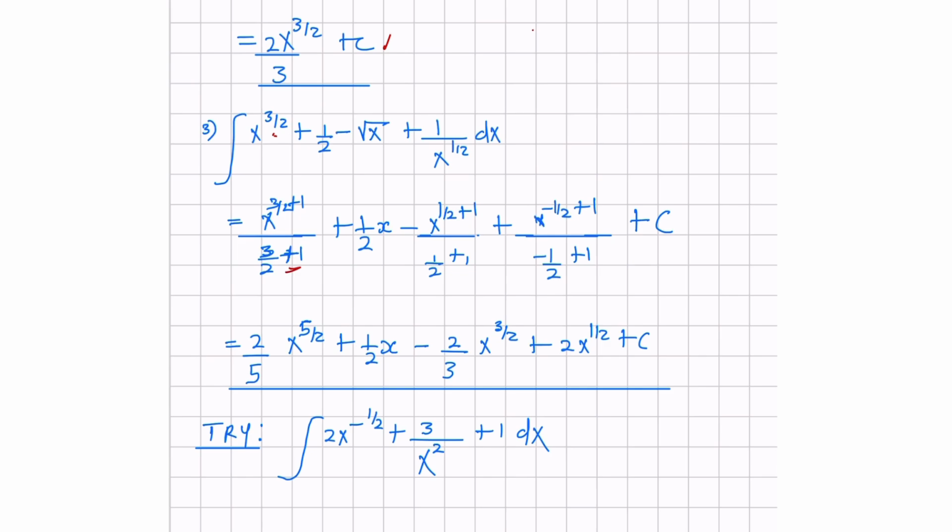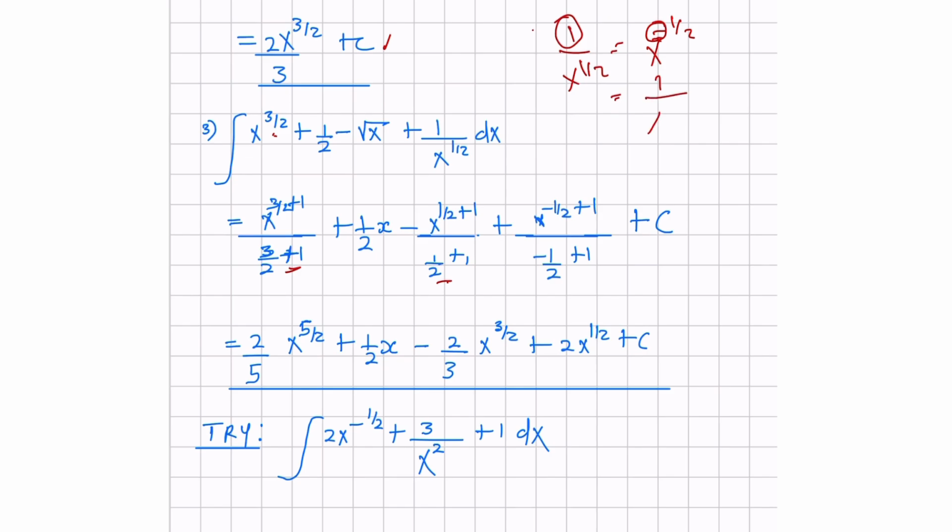Then 1 over x to the power of half is similar to x to the power of minus half. So the 1 here is the one that is representing the negative sign. If you want to remove the negative sign, you get 1 over x to the power of half, right?